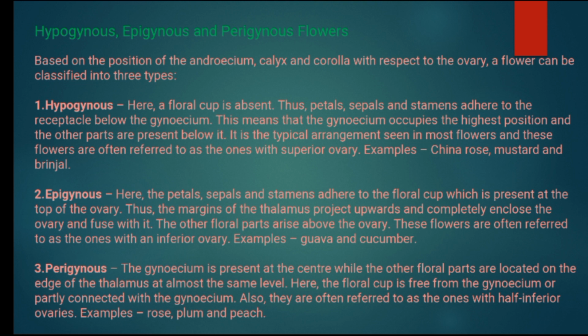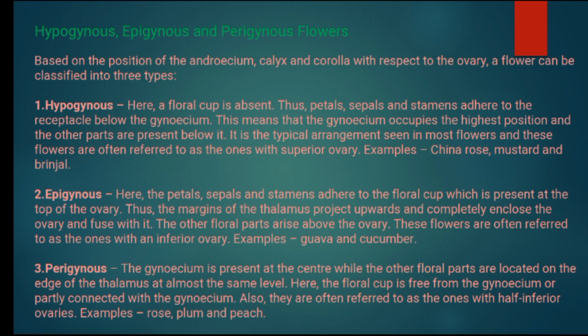Here the floral cup is free from the gynoecium or partially connected with the gynoecium. They are often referred to as the ones with half inferior ovaries, and the best examples, which are very common and popular flowers showing the perigynous condition, are rose, plum and peach plants.